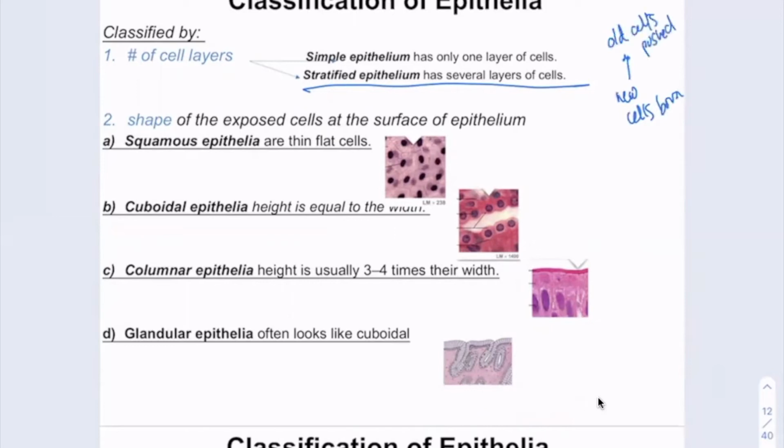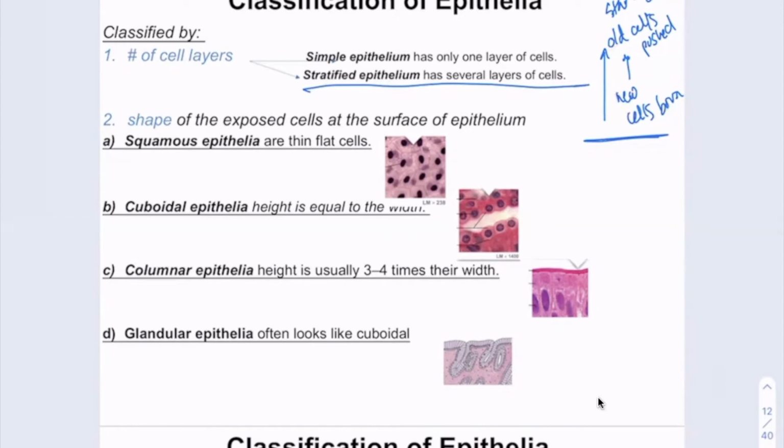And as they get pushed up, diffusion doesn't really work for long distances, and so these older cells start to die. And that is why the top layers of your skin are dead, because they're being pushed too far away from the underlying connective tissue where your blood supply is. That's why you can shave some of the top layers of your skin off and you're not necessarily going to bleed. There's no blood supply to the epidermis or the outer layer of your skin.